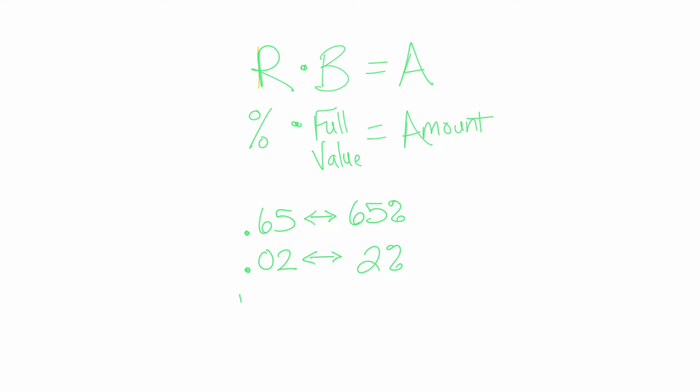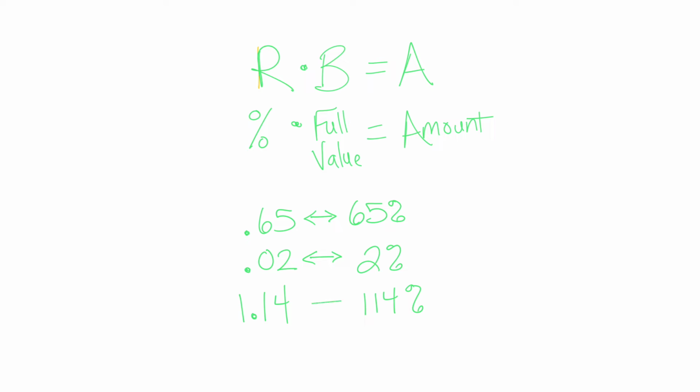What if you had a decimal that was 1.14? Well, that's actually a percent if you move your decimal 2 places. Because notice what you're doing: if you have the percent, you move it left to get to the decimal. If you have the decimal, you move it to the right to get to the percent. So on this one, I'm going to move it to the right, and this 1.14 is actually 114%.